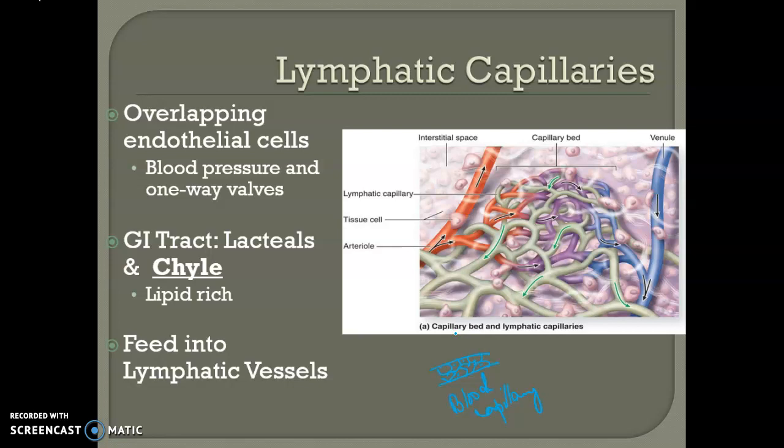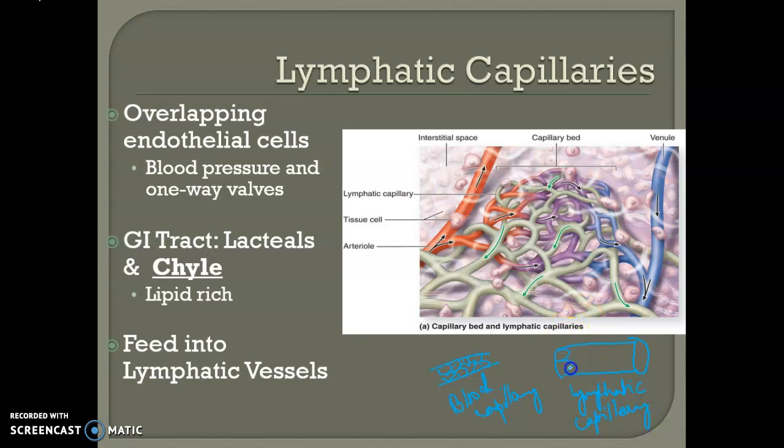Now, there is a basic difference between regular blood capillary and lymphatic capillary. First, lymphatic capillaries have a wider diameter. So this is a lymphatic capillary. It has a wider diameter.